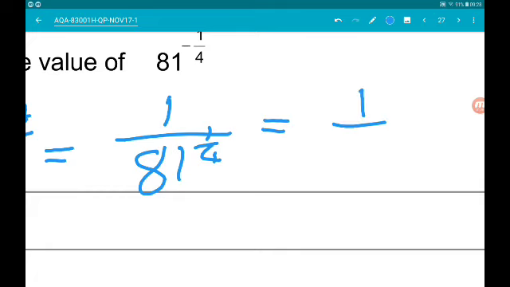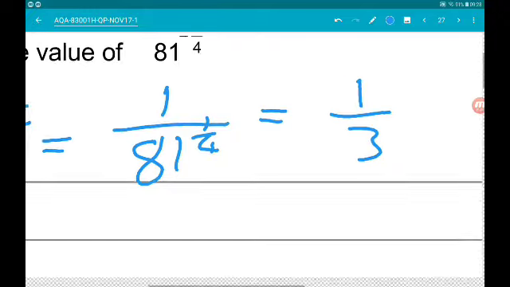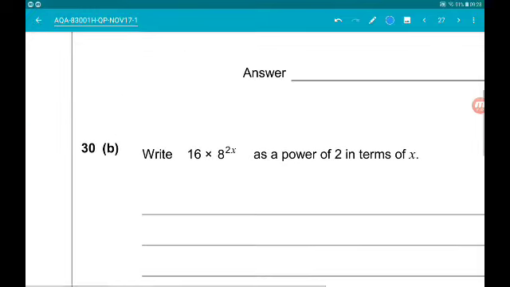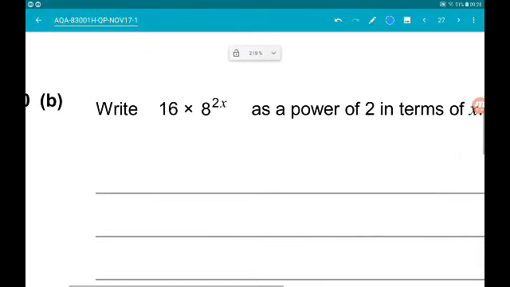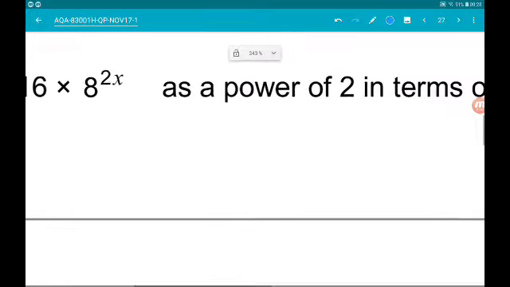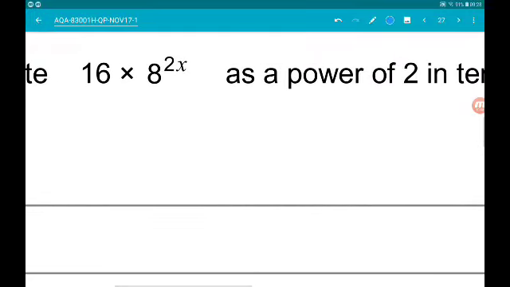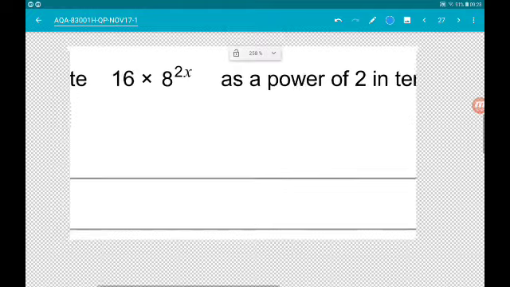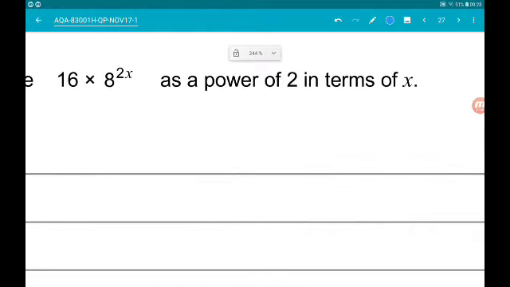So we got 1/3. Okay, then part B wants us to write 16 times 8 to the power of 2x as a power of 2 in terms of x. So that means 2 to the power of something with x in it.